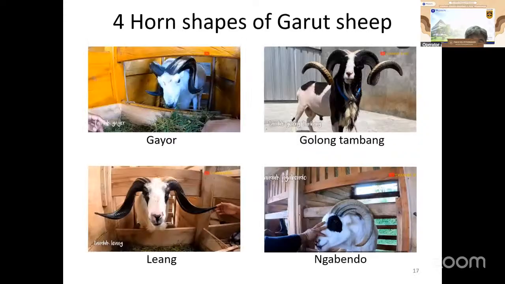And this is the type or the shape of Garut sheep horn. There are 4 shape types of Garut sheep horn. On the left top we call gayor, and on the right top we call golong tambang, and for bottom left we call leang, and for bottom right is ngabendo.